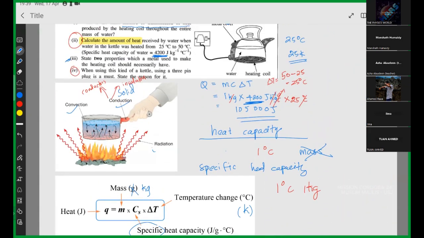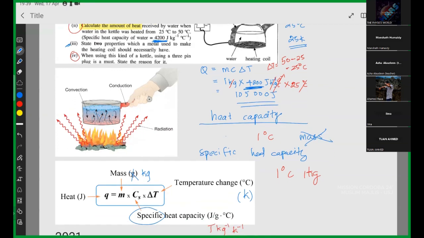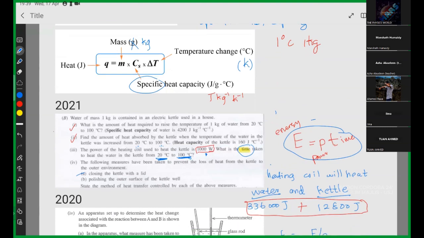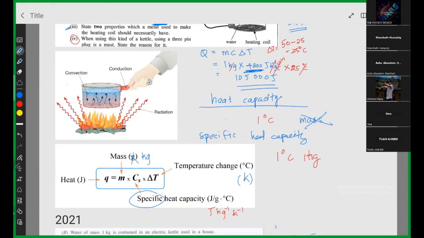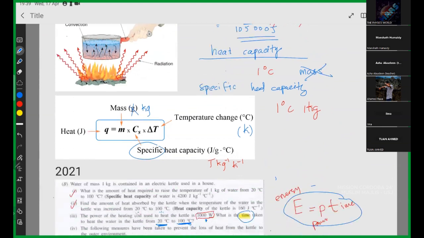We know that heat is transferred in three ways: conduction, convection, and radiation. Now if they close the kettle with the lid, from what type of heat transfer are they going to preserve the heat? That's the question here.